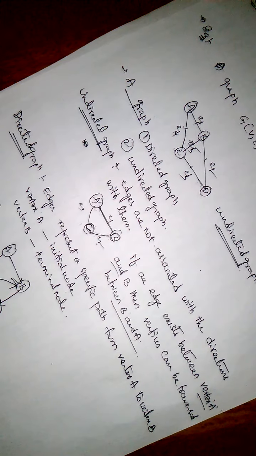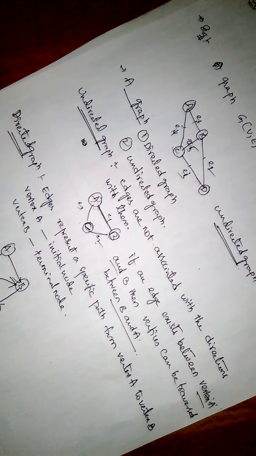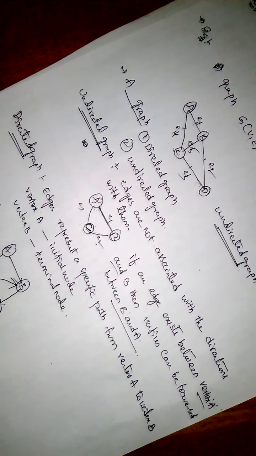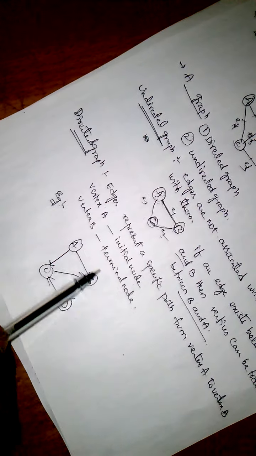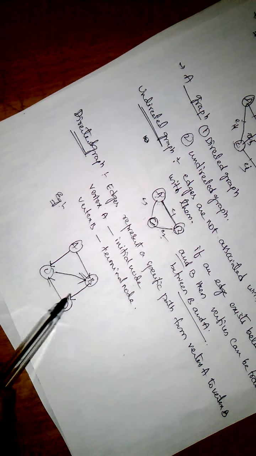Next, the directed graph. A directed graph means the edge represents a specific path, that is, the edge represents a direction from one vertex to another vertex. This is an example of a directed graph.